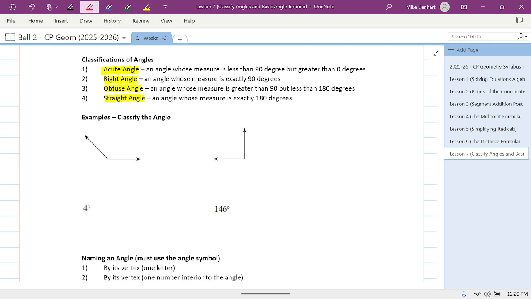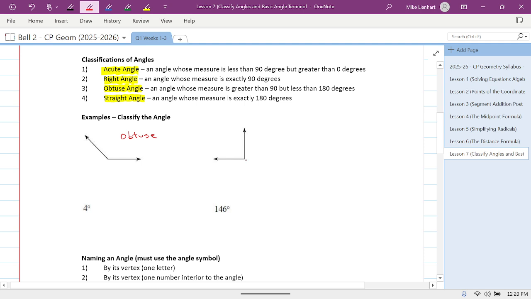All right, so on these first examples, based on perception, by looking at the picture, what kind of angles are these? The first one, this space inside here, looks like it's greater than 90 degrees, so we're going to call this obtuse. That's its classification.